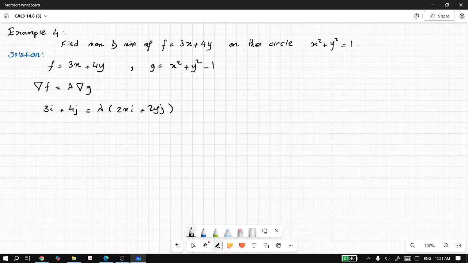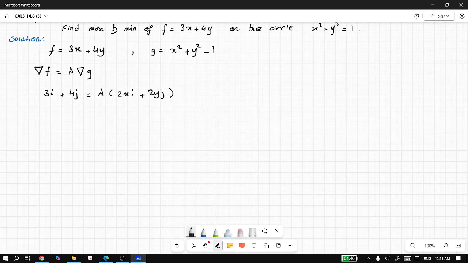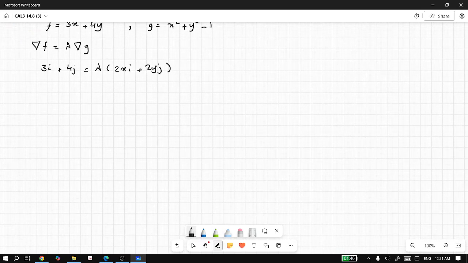Okay? Now, these two vectors are equal if they are equal component-wise. So we have 3 is equal to 2 lambda x, and 4 is equal to 2y lambda.